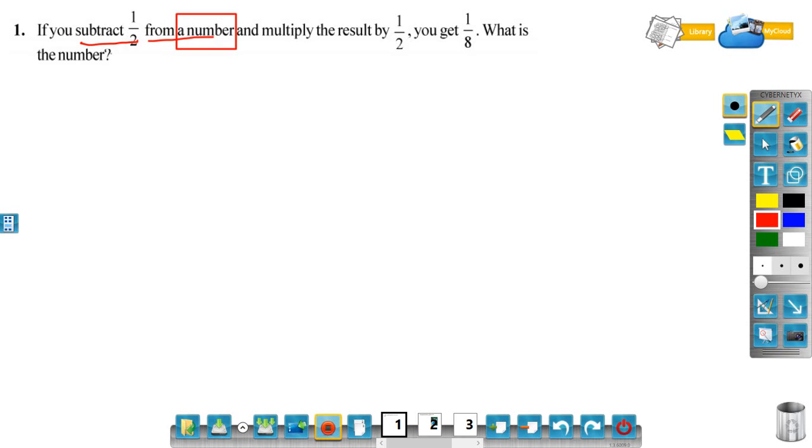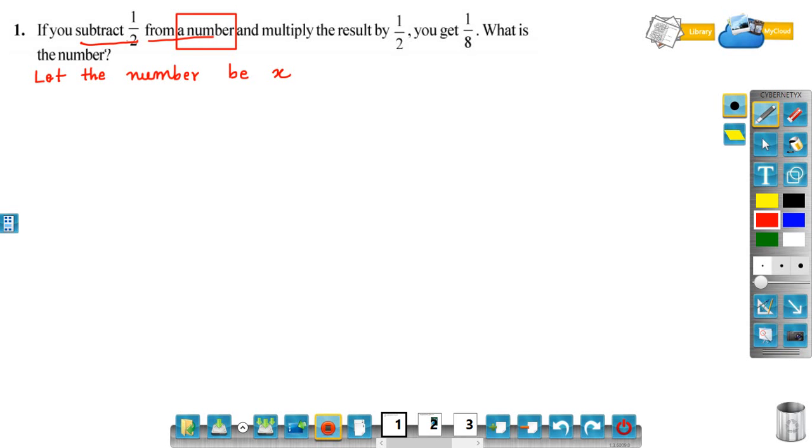And we have to subtract half from a number and multiply it by half. You get 1 by 8. Now we don't know the number, so let the number be x. You can take any variable, y also, z also.